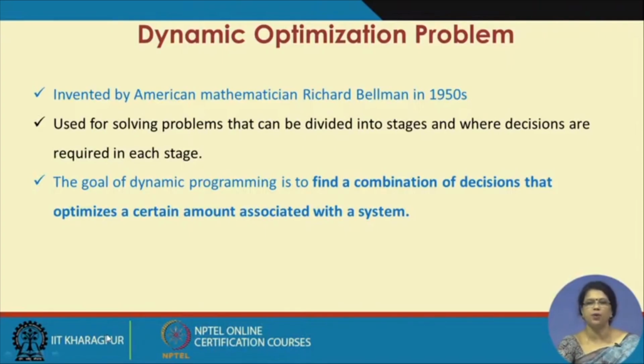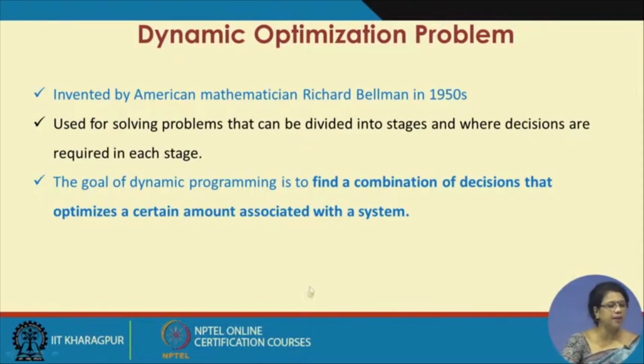If you ask me what the final optimal solution would be, I will say whatever optimal solution you get at the nth stage is the optimal solution of the whole model. But in between, the optimal solution of the first stage will be the input of the second stage, and the optimal solution of the second stage is the input of the third stage, in that way.